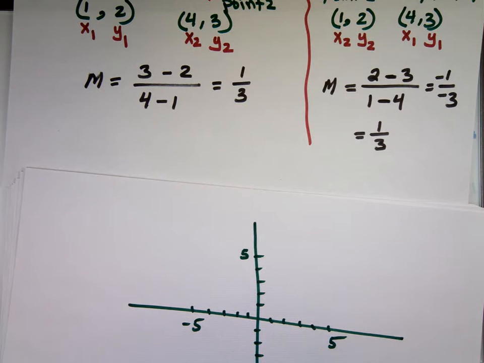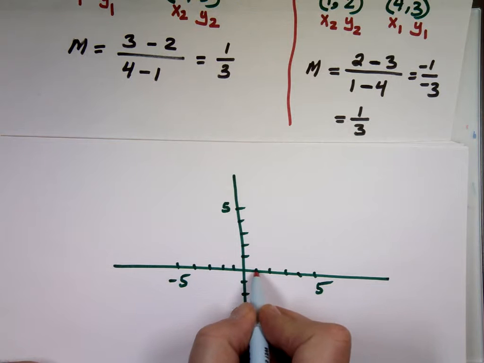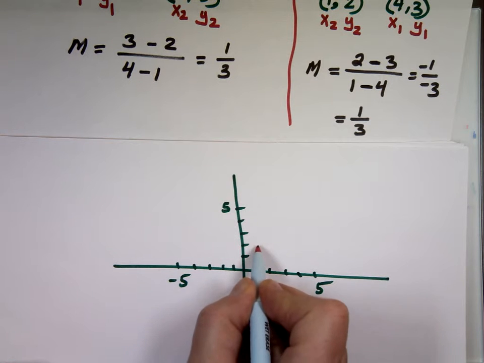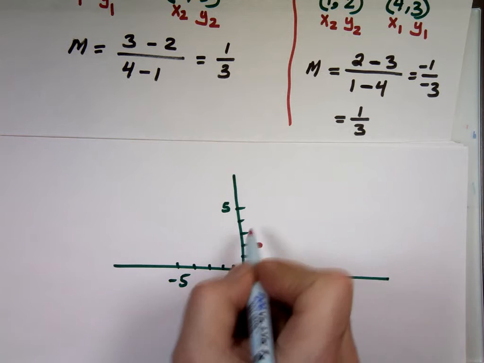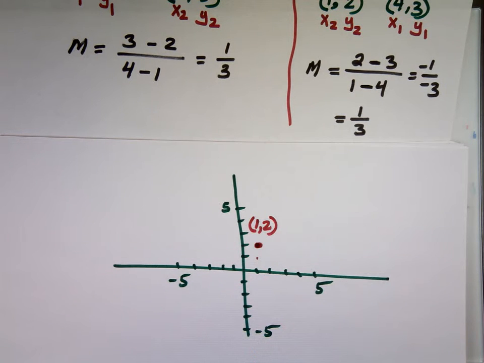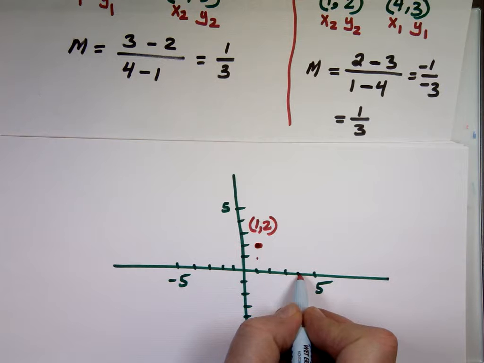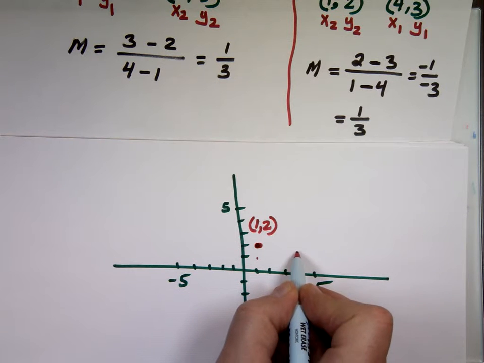The points are 1 and 2. The first one, x is 1, y is 2. So go from here, 1 in the x direction, 2 in the y direction, right here. That's 1 and 2. The second point is what? 4 and 3. 1, 2, 3, 4. And go 3 up. 1, 2, 3.